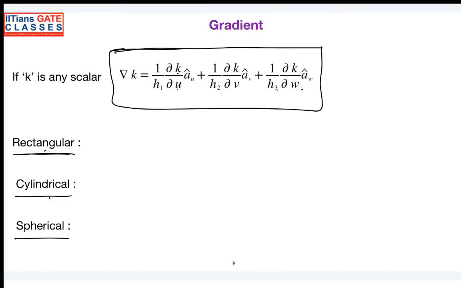So I was writing it here. Del k will be, in rectangular, I will forget about the scaling factors. I will not bother about that. So that simply represents the rate of change in x into ax cap, plus dou k by dou y, ay cap, plus dou k by dou z, az cap.